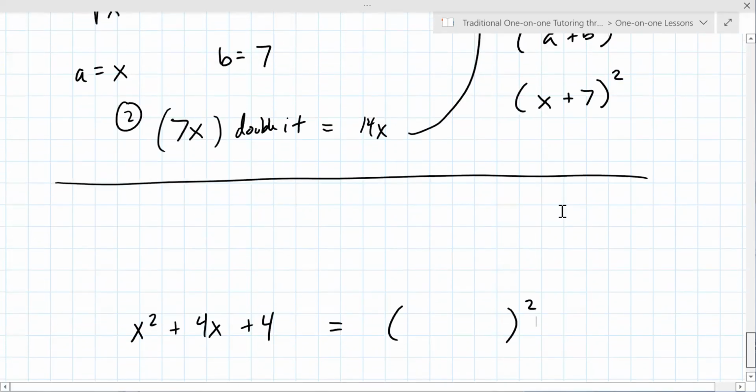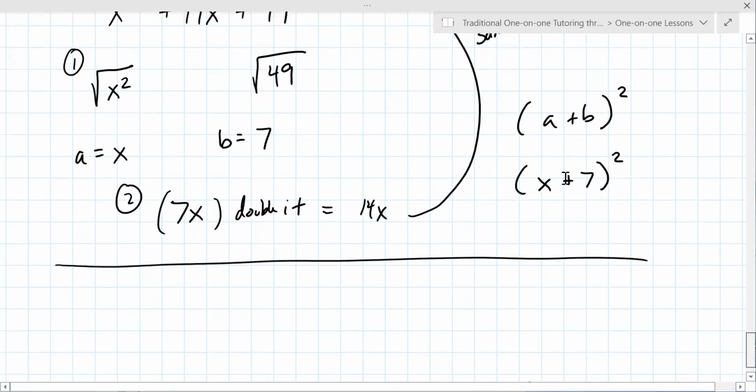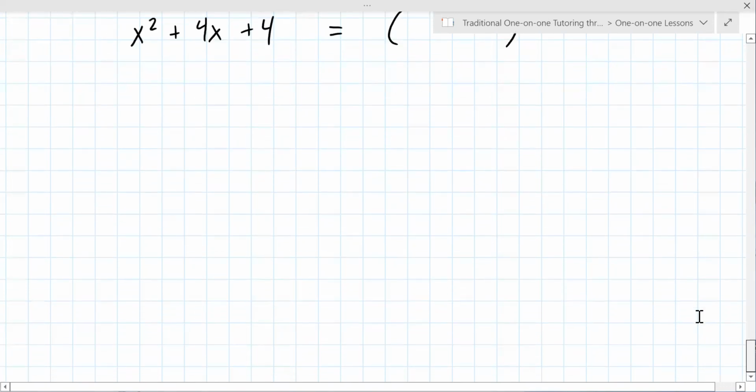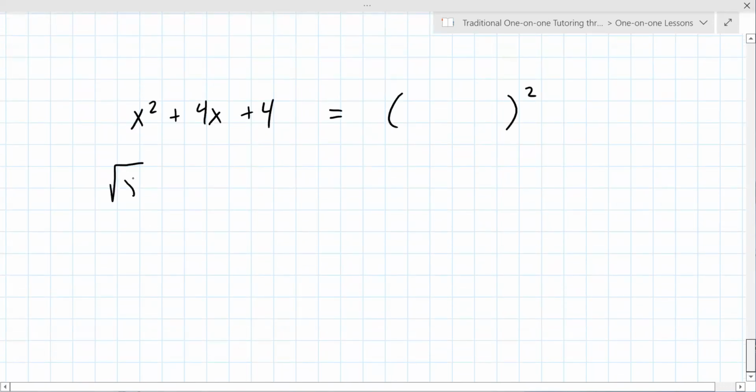Jeremiah, like the previous problems, it's something plus something squared. It's got to look like this. And what you have to do is follow the steps I showed you. You have to take the square root of the first term, the square root of the last term.